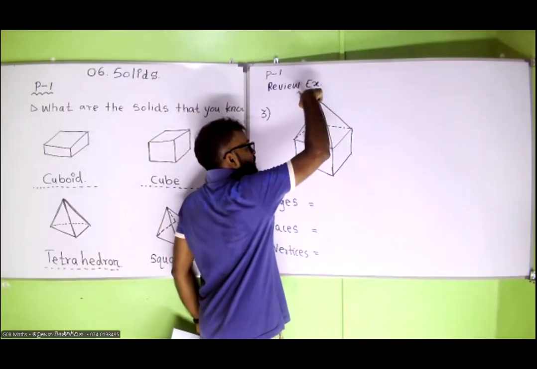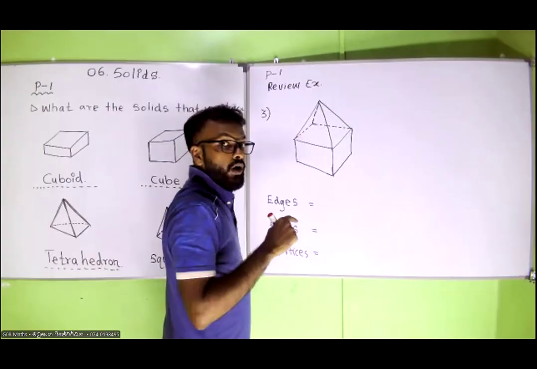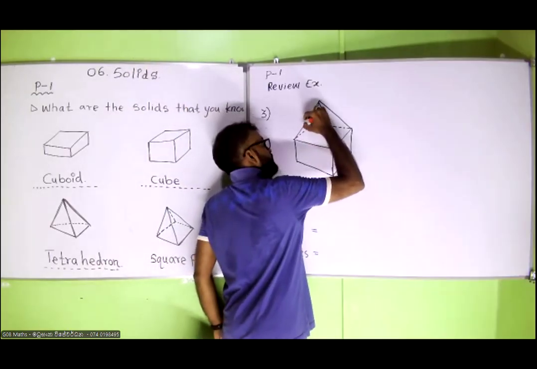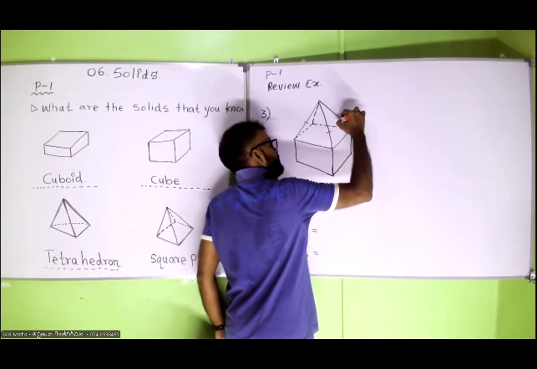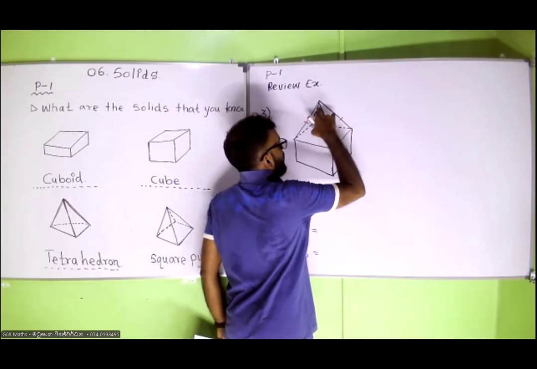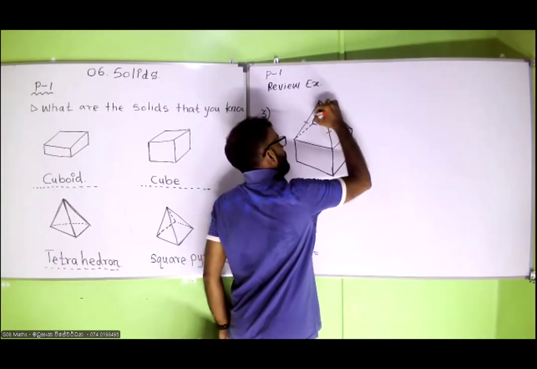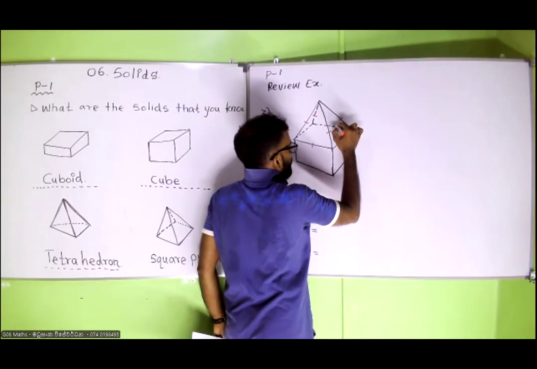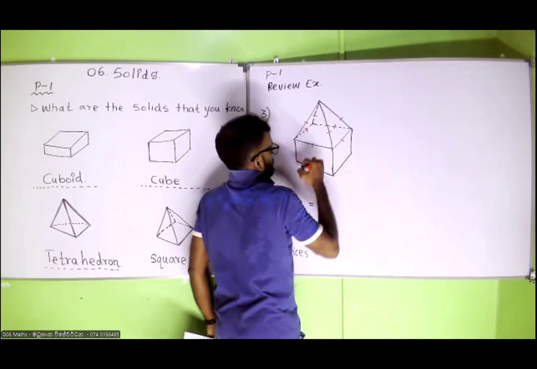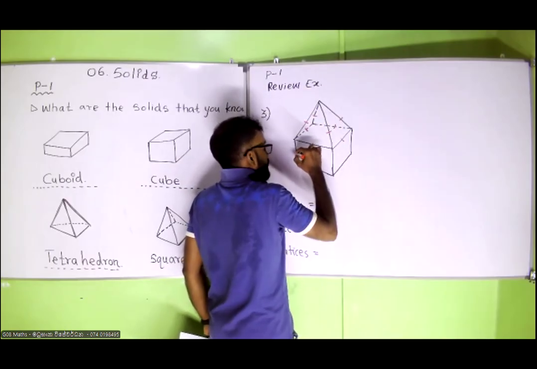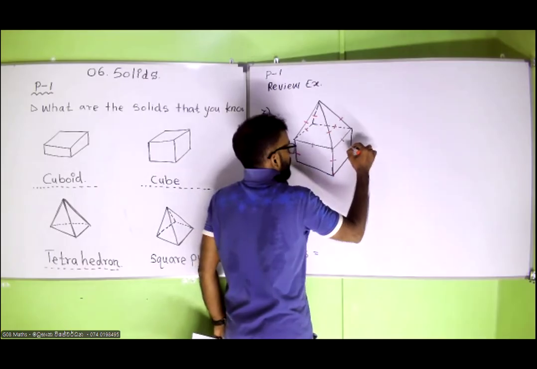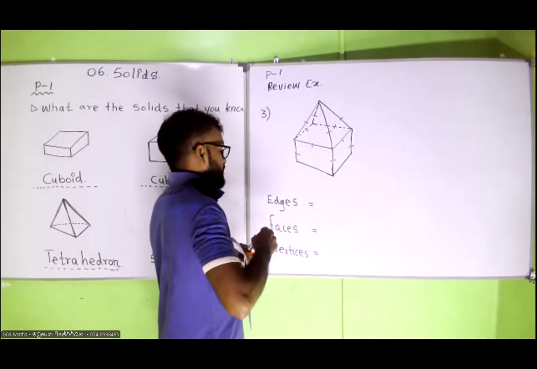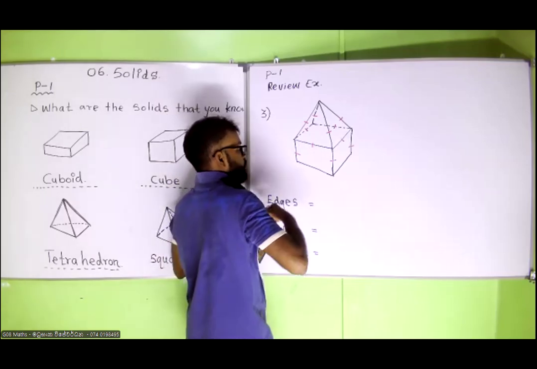On top of the figure, you have a square pyramid, right? So this is the first edge, second edge, third one, and we cannot see this one on the other side, 4. Then here 5, 6, 7, 8, right? 9, 10, 11. I haven't drawn another edge so I have to draw it.